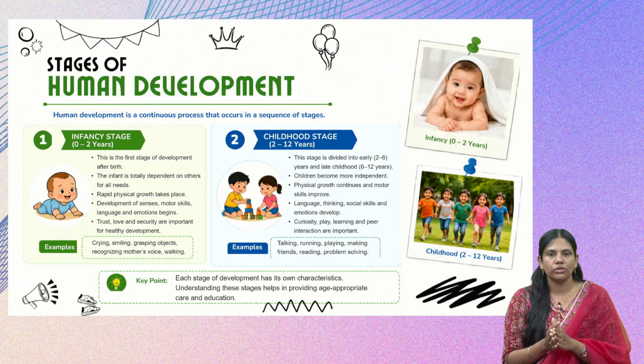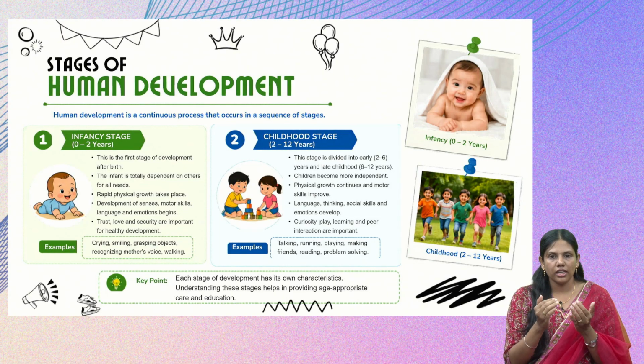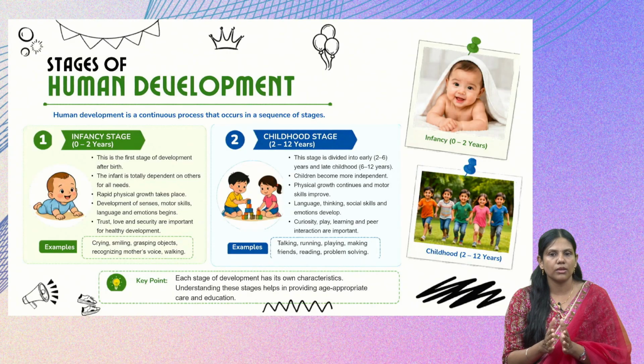Next is the childhood stage, from 2 to 12 years. This stage can be further divided into early childhood, covering 2 to 6 years, and late childhood, covering 6 to 12 years. In this stage, children become more independent. Physical growth continues and motor skills improve.